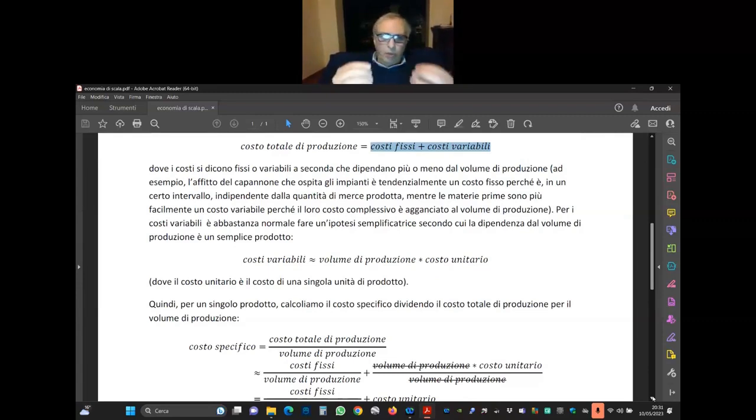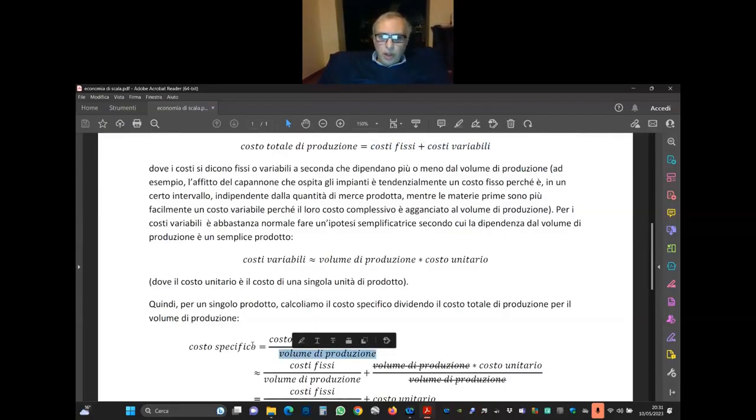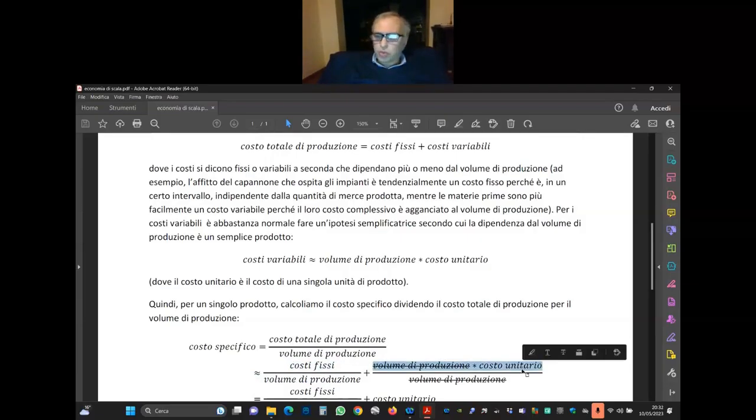And if we have the total production cost, we divide it by the production volume, that is by the number of pieces produced, and we obtain this specific cost. But since we have established the total cost, let's say, in this way, fixed costs plus variable costs, well, we have fixed cost divided by production volume and variable cost divided by production volume.